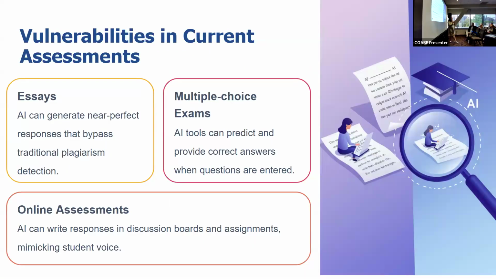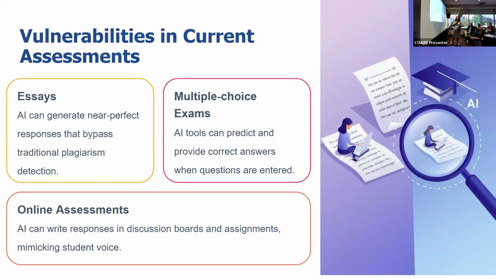So that being said, there are a lot of vulnerabilities with our current assessments, right? A lot of you here are concerned about cheating, about plagiarism, right? Academic integrity is on the line. So with all of that, essays can be generated as pretty near perfect responses. Multiple choice exams. Some of you mentioned multiple choice exams.